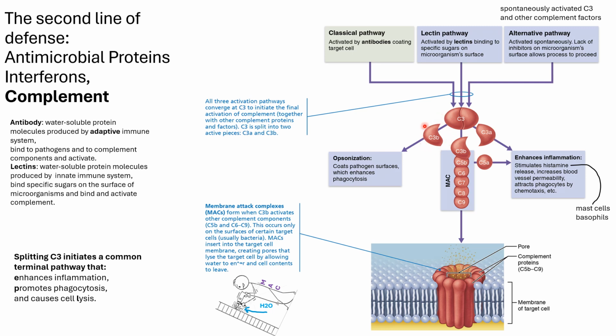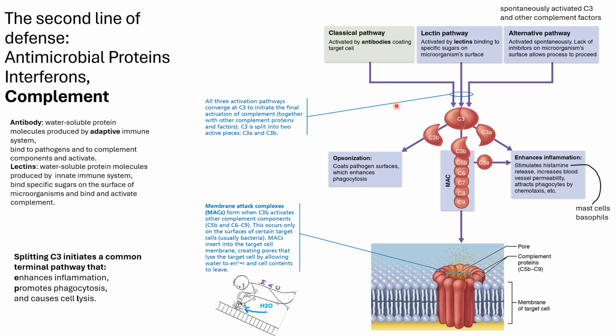Now this C3b is an opsonin. Remember we went over opsonization earlier in this topic, when I told you that certain proteins coat the top of the microorganism, especially those which are capsulated, because the phagocytes cannot detect those microorganisms.